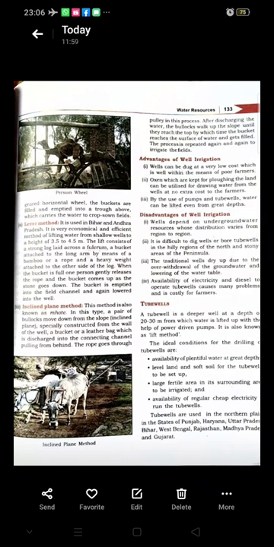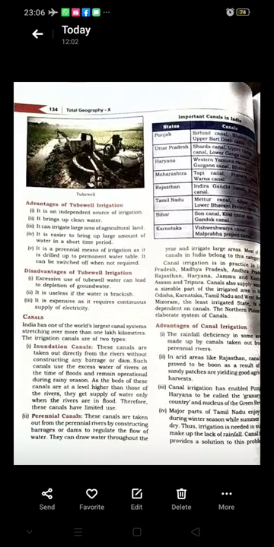Okay, next is advantages of the tube well. Now it is an independent source of irrigation. Yes, just like the well, it is also an independent source of irrigation. It brings up clean water.